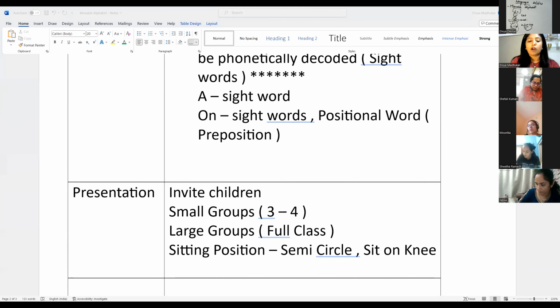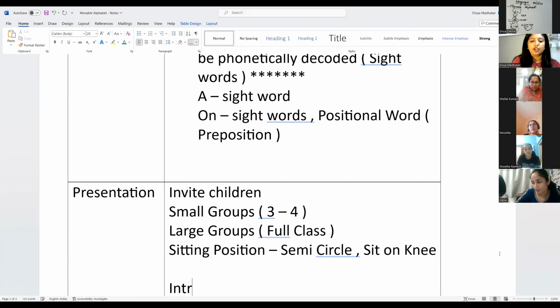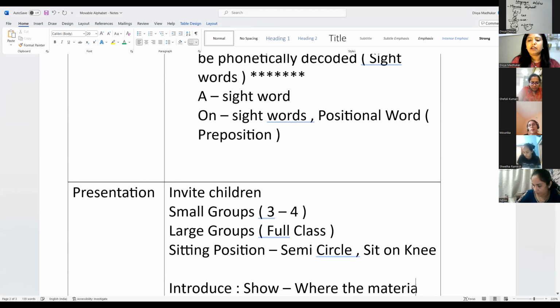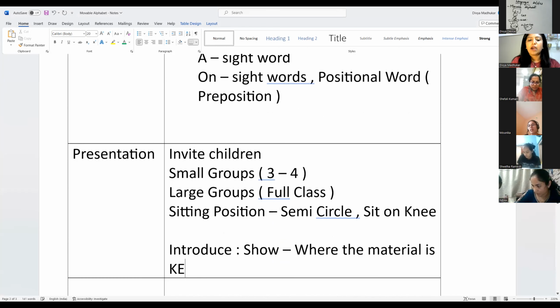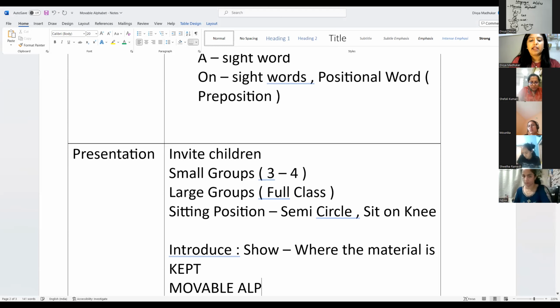Now, after that, what would you as a teacher introduce to the child? You will show the child where the material is kept. Correct? Where the material is kept. Now, once the child understands that, you can help the child to bring the material, because the movable alphabet is heavy.